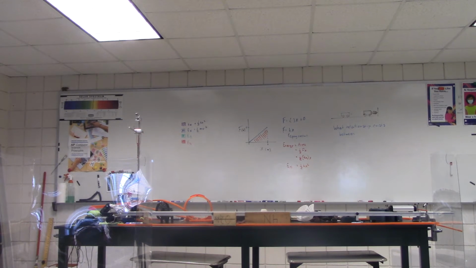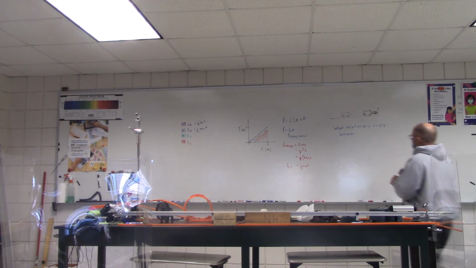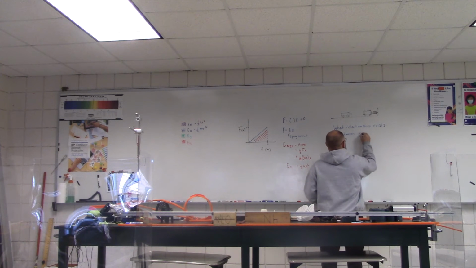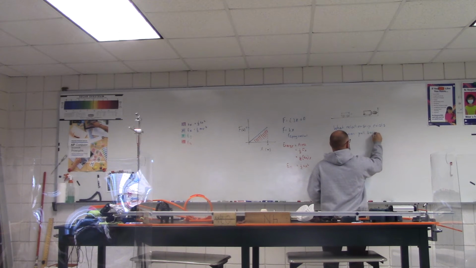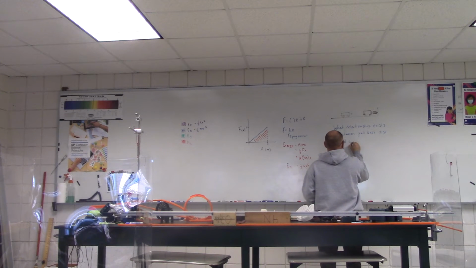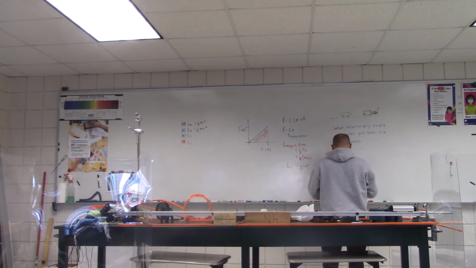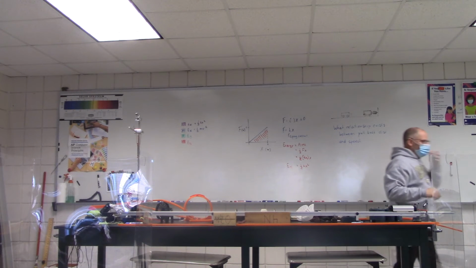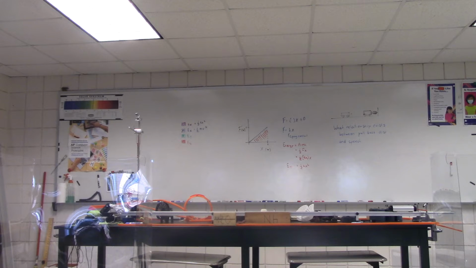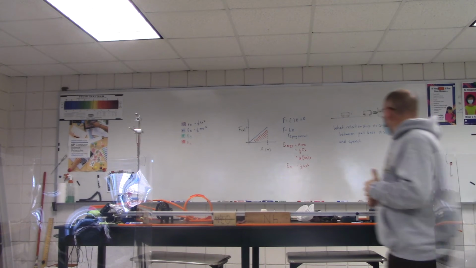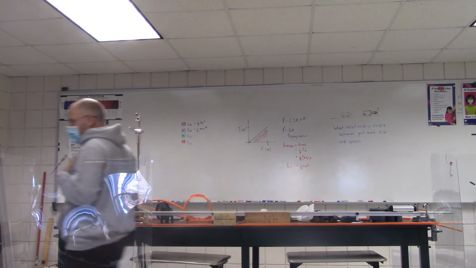What am I changing first, and then what am I measuring as a result? What's the relationship between the pullback distance and the speed? This is an exploration we're going to do here today.